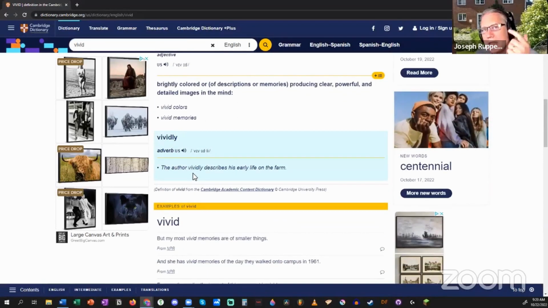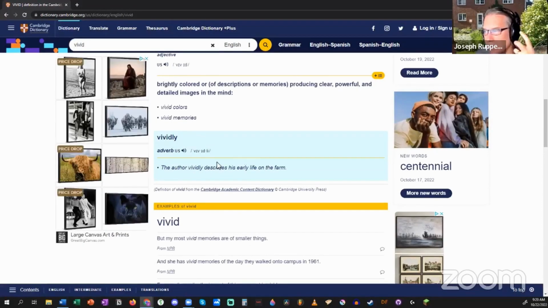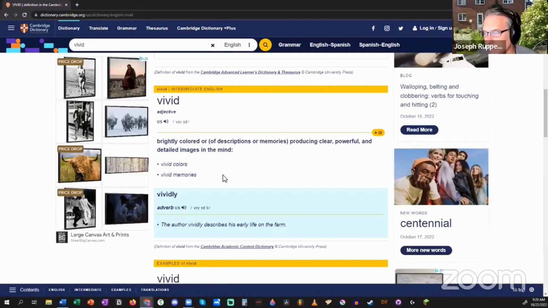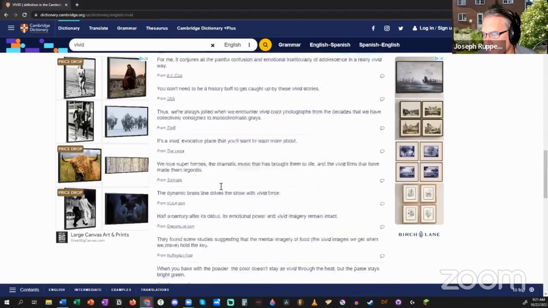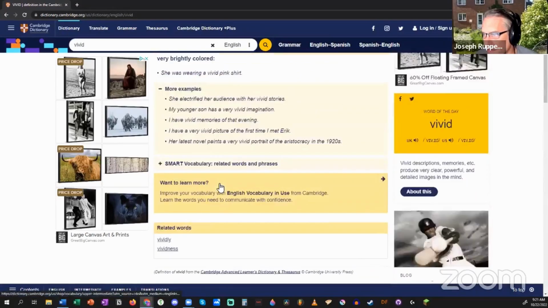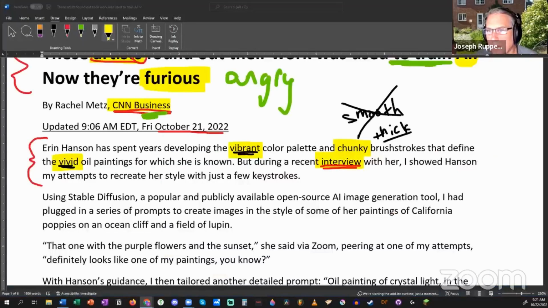So I like the idea of bright and full of life for vibrant, and bright and clear, easy to see for vivid. But they are definitely related words. All right, great. And very useful for talking about artwork.